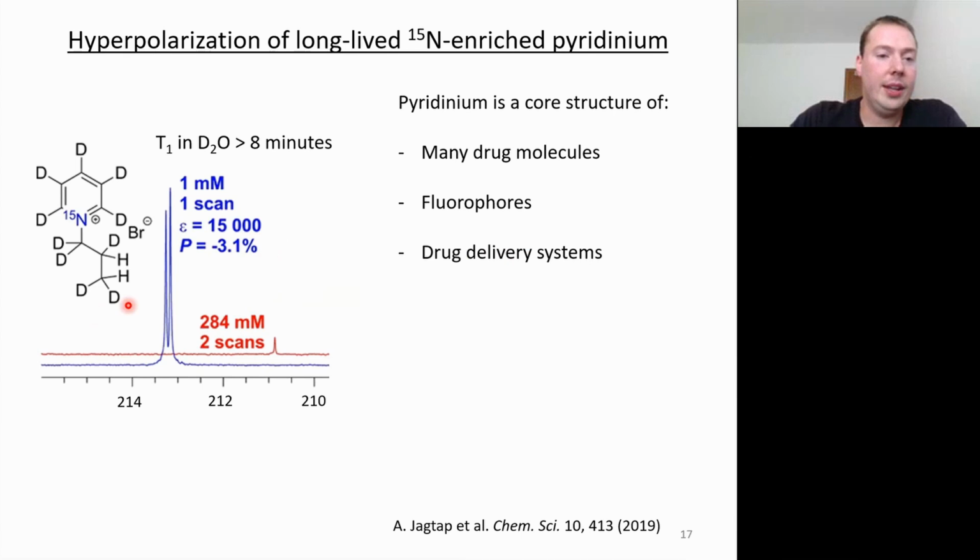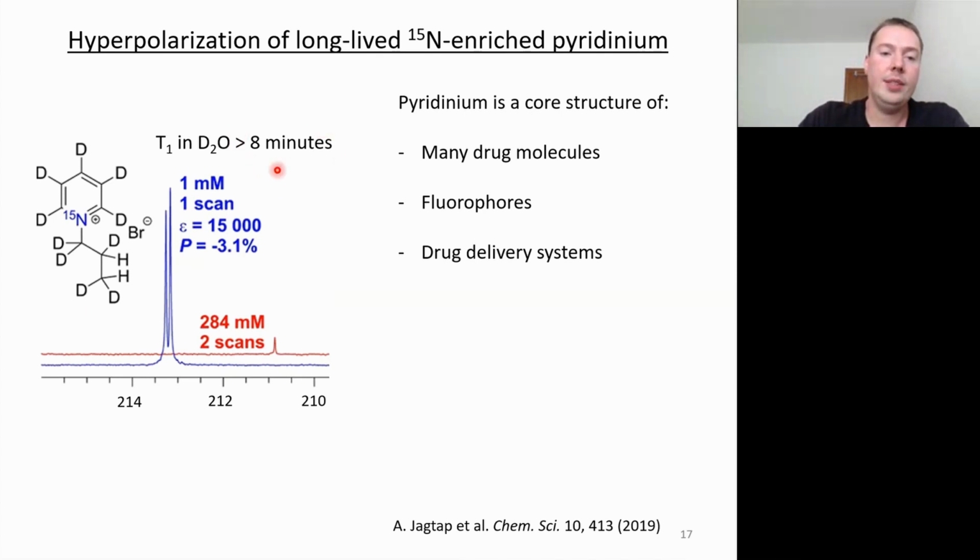Another molecule that we got interested in, which we discovered, is this pyridinium species. This pyridinium is interesting because it's a molecule that appears in many drug molecules, in many fluorophores. It's actually being used as a drug delivery system. In particular, the T1 of this 15N in water is very, very long at low magnetic fields, low meaning we tested 10 to 100 millitesla.